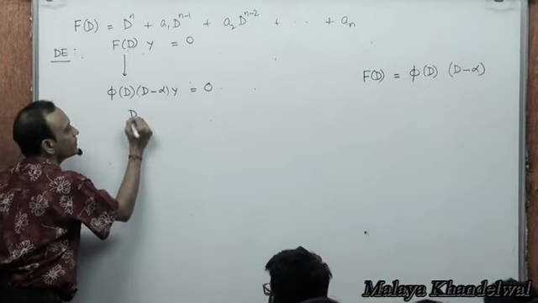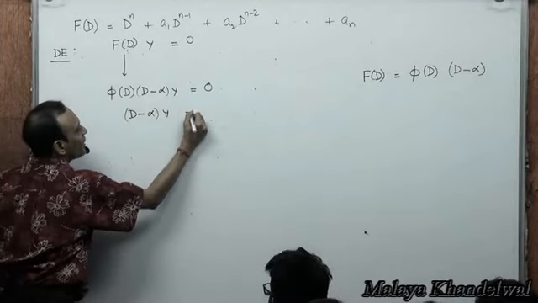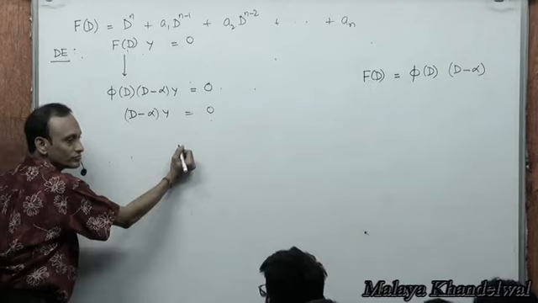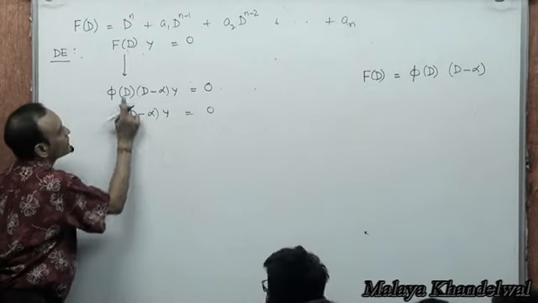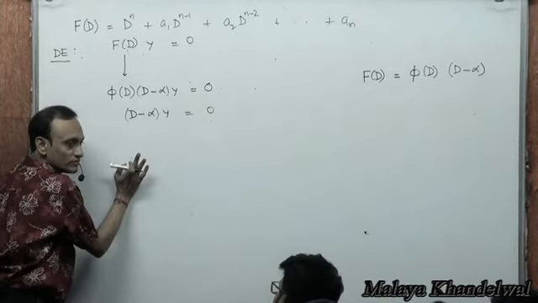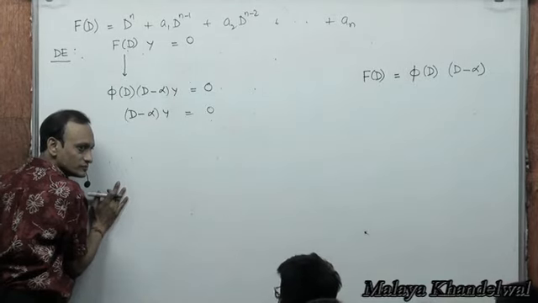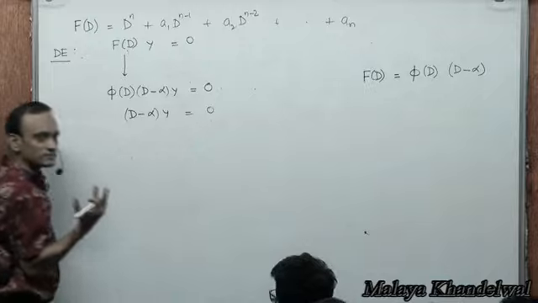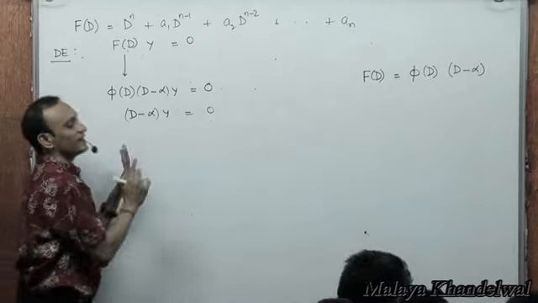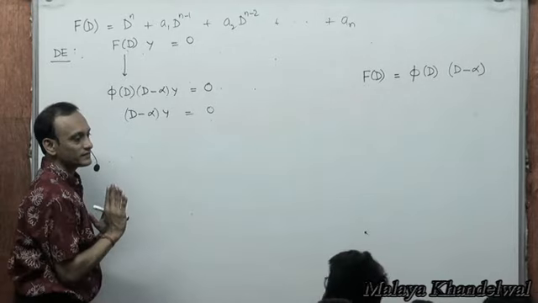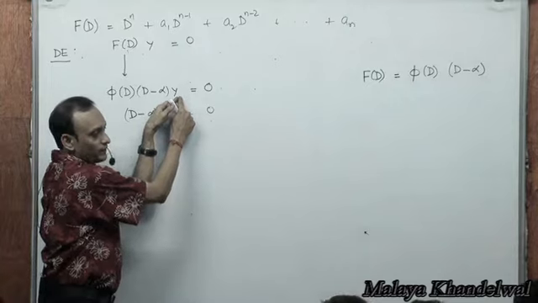If D minus alpha acting on y was 0 for a certain y, then phi(D) acting on 0 will be 0. This will give me one possible solution to the differential equation. This is like one operator, another operator, acting on y.